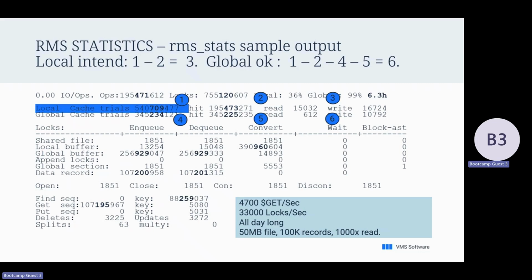If we are doing global buffers, we go one step further down. So if there are misses in the local cache, we start to try in the global cache. And those that are not satisfied in the global cache will be satisfied by reading into the global cache. So the reads into the global buffer start with how many actual reads we requested, minus the local cache hits, and you find out the final number.